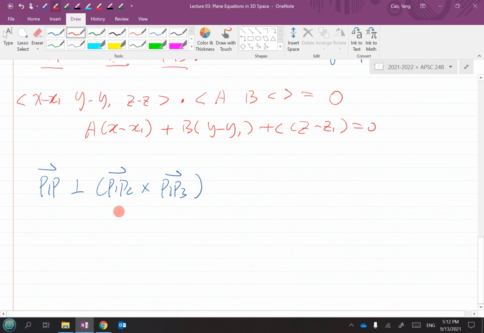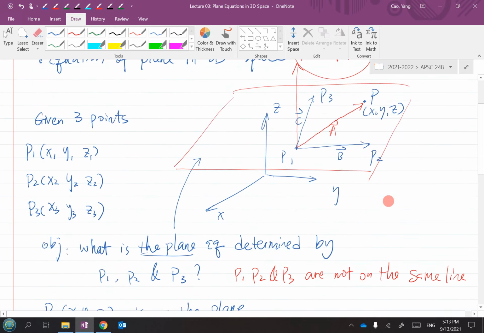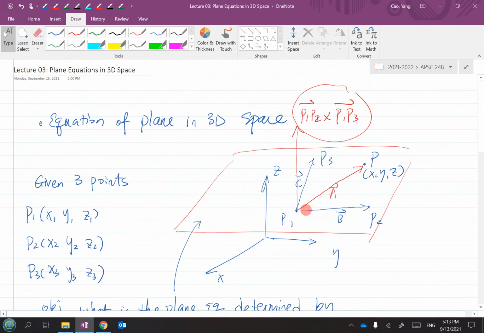To make it a little simpler, suppose I don't want to use this P1P2 cross P1P3. I just want to find a general vector that P1P is perpendicular to. If you look at this graph, you can certainly claim this is perpendicular to this, but that's just one vector.